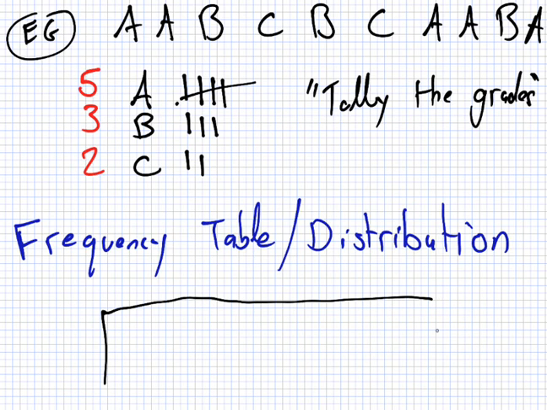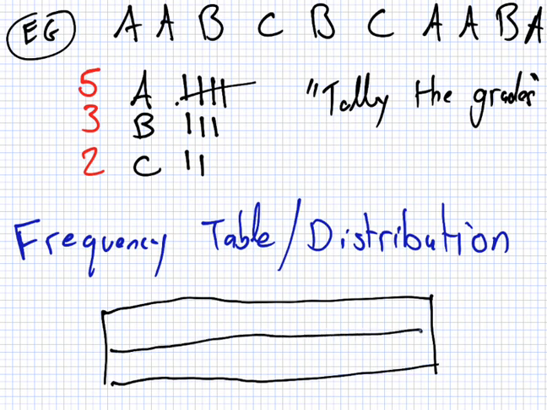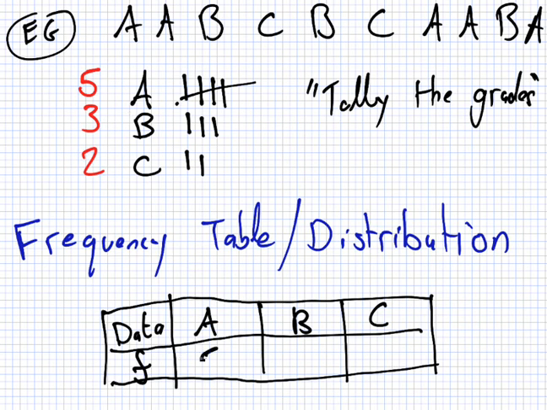You may just not have called it a frequency table. I don't know, you can tell me if you did. So it's just a table whereby on the top is your data, and then on the bottom is your frequency. And frequency just means how much you have. A grade, B grade, C grade. So in this example here, how many A's? 5. B, 3, and C, 2. That's all a frequency table is.